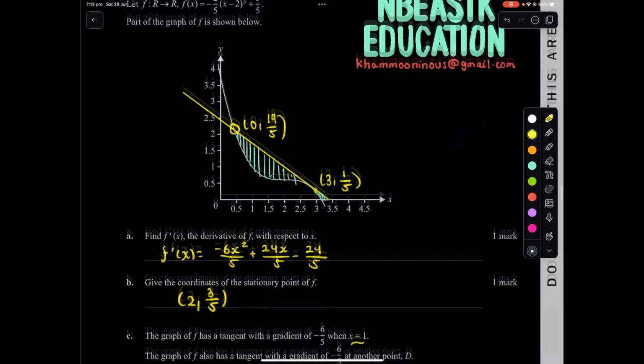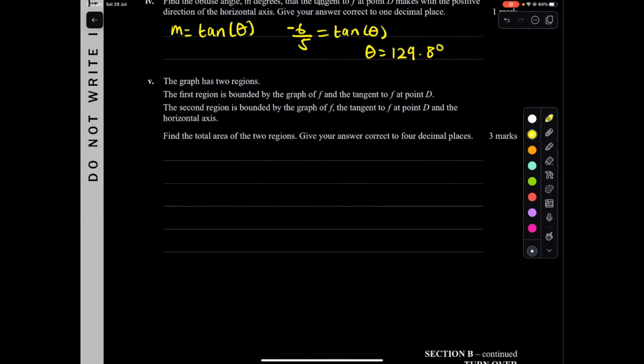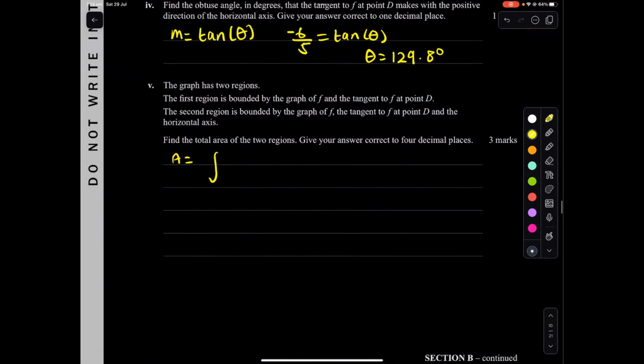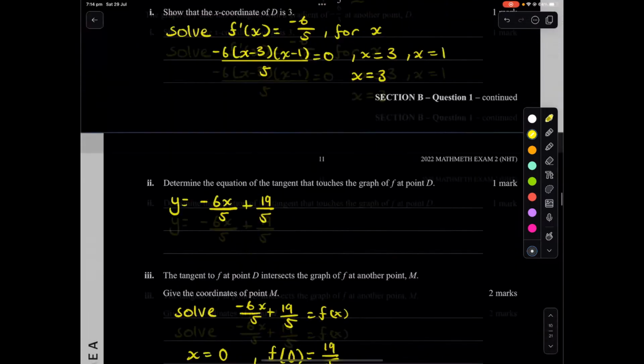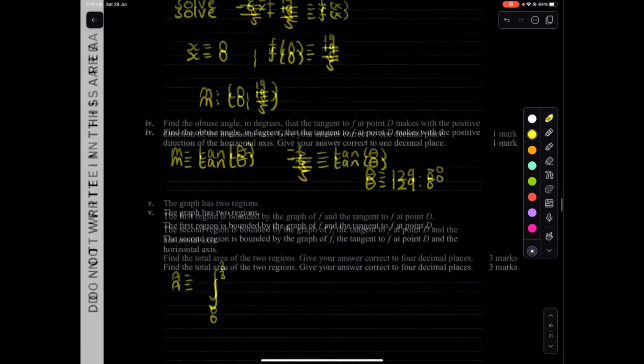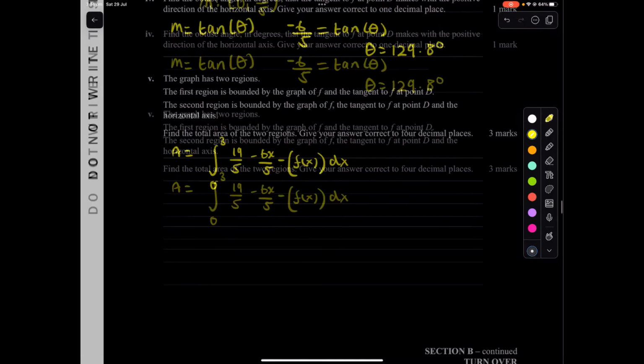Okay, to write it, because it's 3 marks, the area is equal to the integral from 0 to 3 of the linear line, which is 19 over 5 minus 6x over 5, minus your f of x, dx. So we'll get that area.